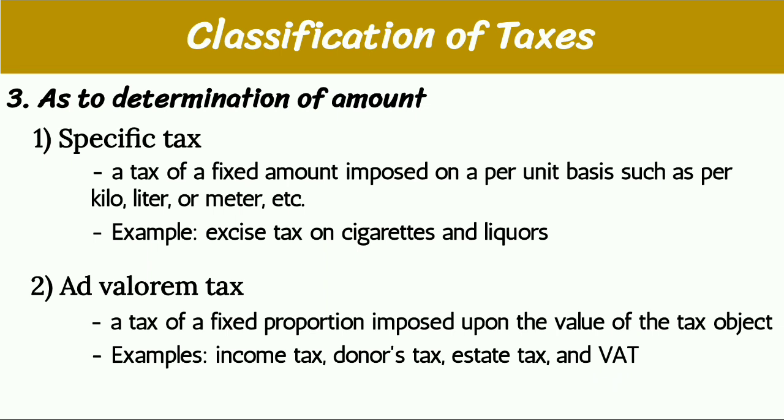Donor's tax is an ad valorem tax kasi nakadepende yung donor's tax sa kung ano yung value ng property na dinonate. Ang estate tax ay ad valorem tax kasi nakadepende yung estate tax sa value ng property na pinamana. Ang VAT or value added tax ay ad valorem tax kasi nakadepende yung value added tax sa value ng item na binili or kinonsume.